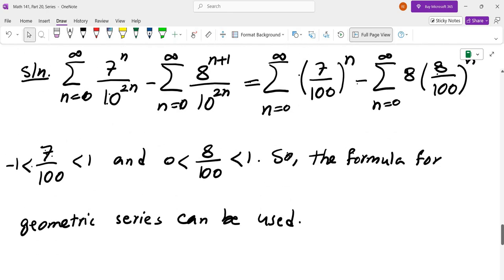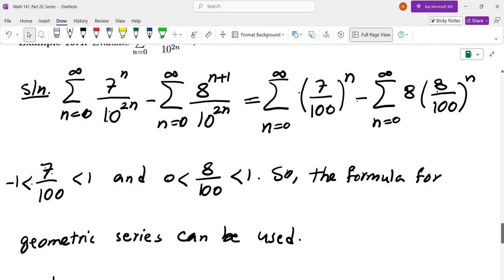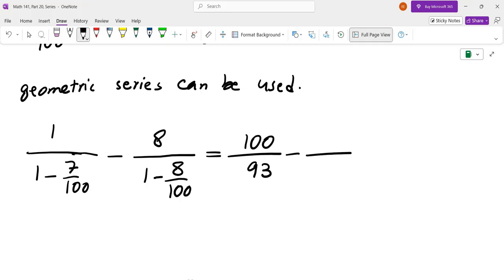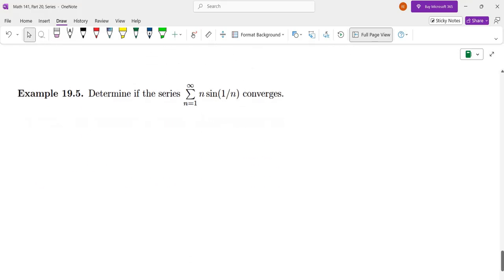In the first sum, that is 1 over 1 minus 7 over 100, minus, in the second sum, the first term is 8 over 1 minus 8 over 100. And we can simplify this. We get 100 over 93 minus 800 over 92, and we can simplify this further, but that would be basically the answer to the question.